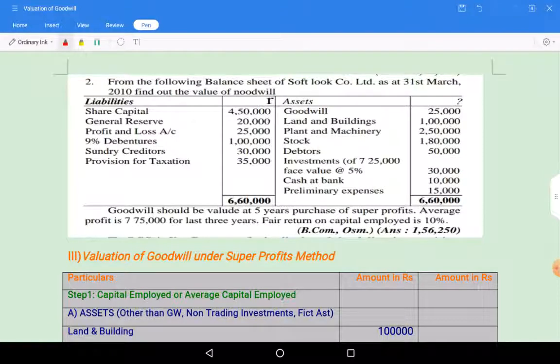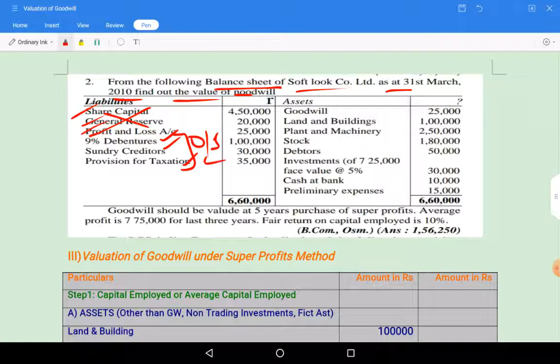Here is a question. From the following balance sheet of Soft Look company as at 31st March 2010, find out the value of goodwill. Share capital not required, general reserve not required, P&L account balance, these are all not required. Debentures, sundry creditors and provision for tax are considered as outside liabilities.